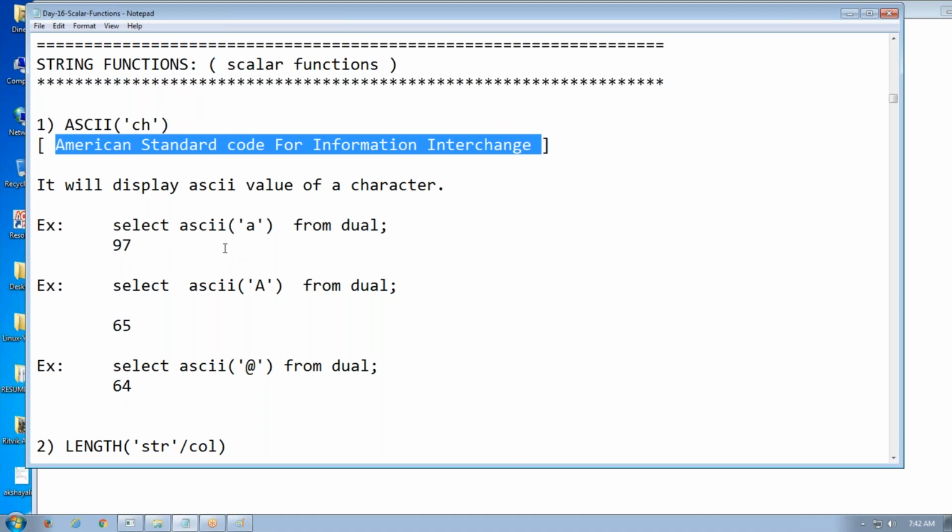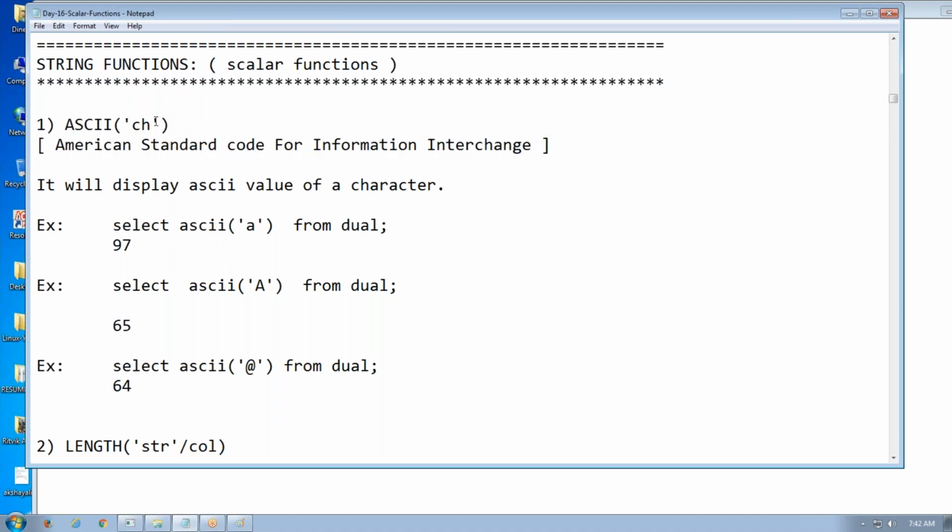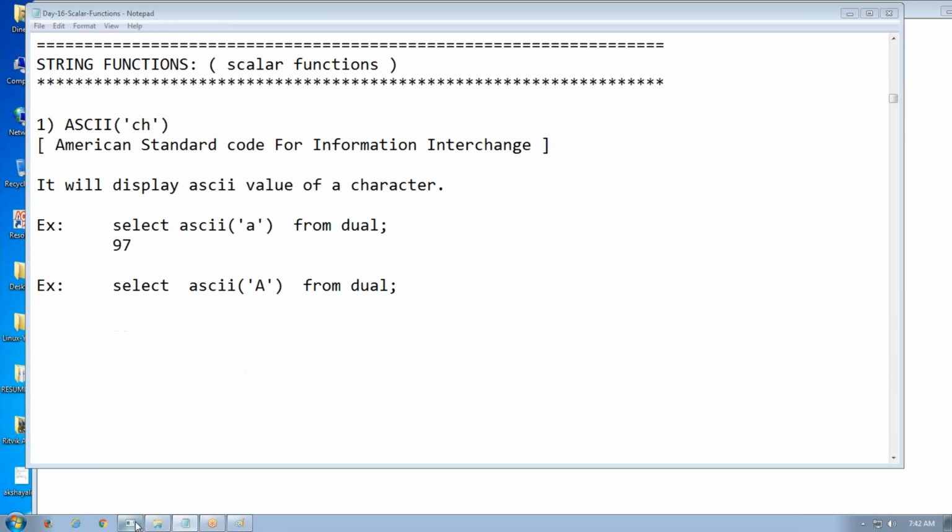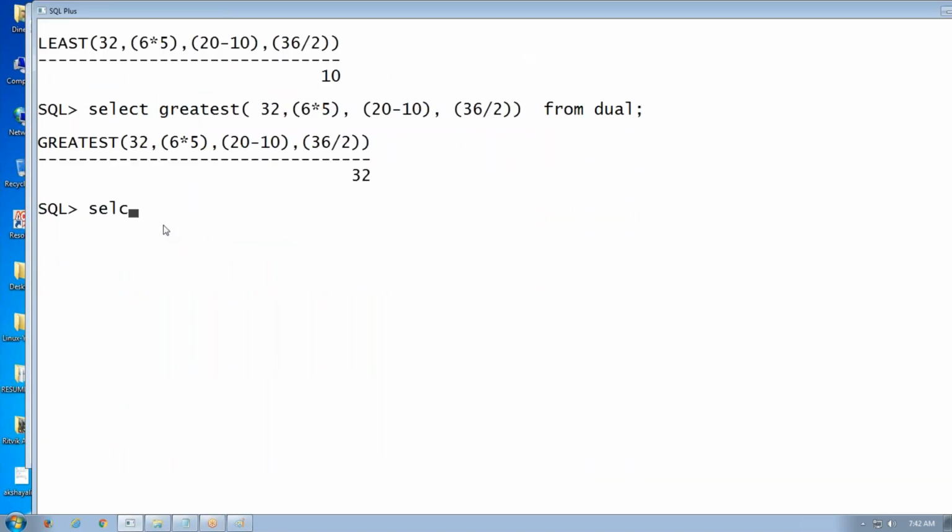How to print that ASCII code value? By using ASCII. Within single quotes we should write the character. Let me discuss some. Select ASCII of small a, comma ASCII of small z, comma ASCII of capital A. Every character has an ASCII value.